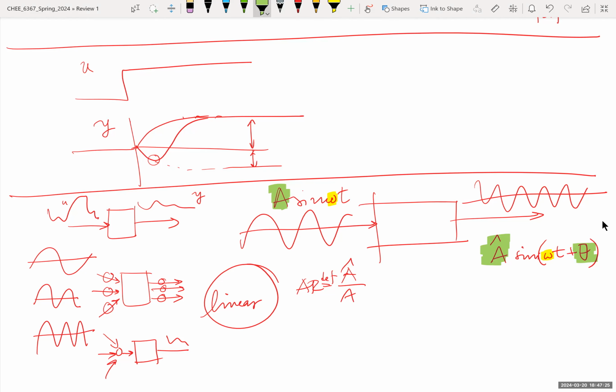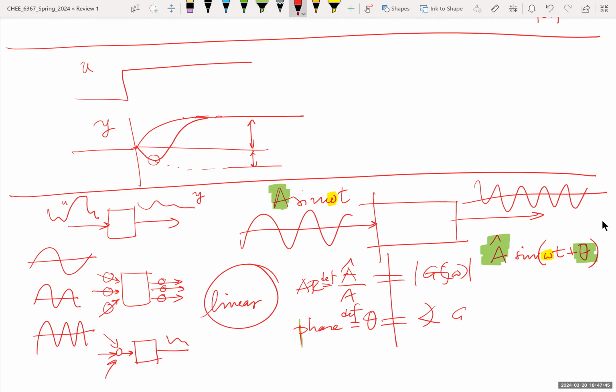So this is the phase, theta. You can get these: the amplitude ratio is the magnitude of G of j omega in terms of the transfer function, and this is the phase of G of j omega. And you can plot these, you can even use these to understand controller design.